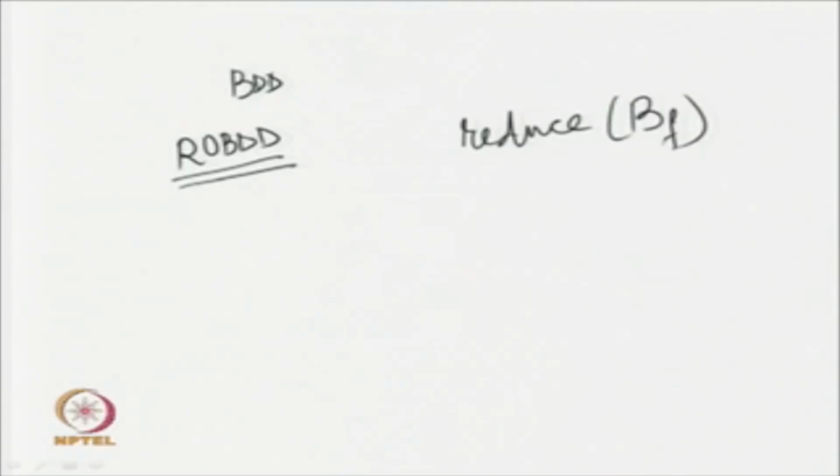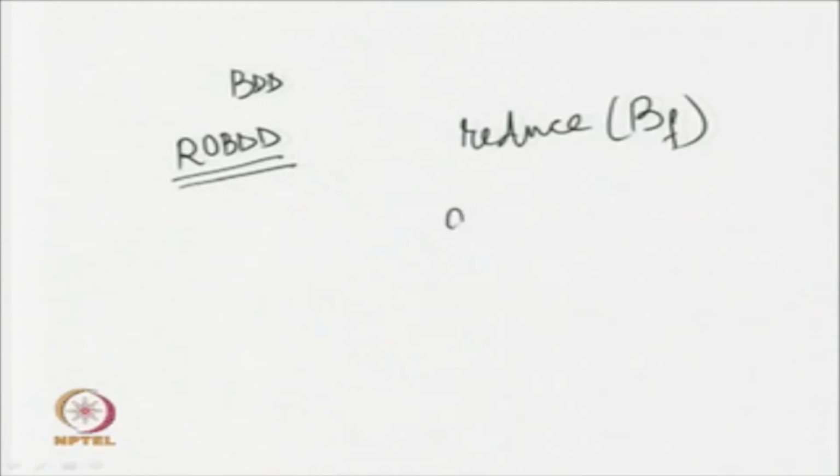Now, we are going to get a unique representation of this ROBDD for a given function. To work with those ROBDD representations, we have seen some algorithms. So, what are the algorithms? The first algorithm we have talked about is reduce. With the help of this reduce algorithm, we can get a reduction of a given B f. So, it will return me these things.